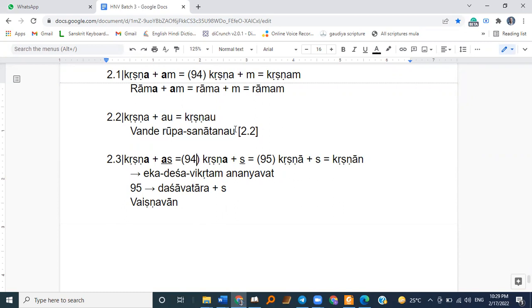Just by doing this one word, the declension of Krishna word, you are declining and understanding and remembering, memorizing all of the other words naturally. So that's the beauty of studying it from the root, than just memorizing tables. That's also good, but this is the root thing.